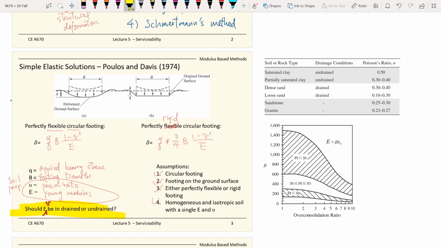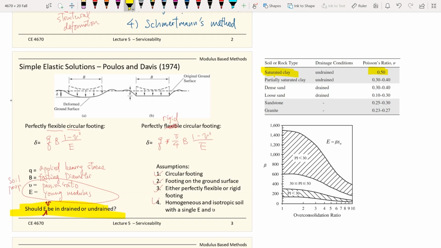For sand, it's drained. And those are the numbers over there for you to choose whether you have a dense or loose sand. And for this class, we only deal with saturated conditions. So for clay it is almost always 0.5, at least for this class. For sand, it will depend a little bit on the density. So that is the Poisson ratio.